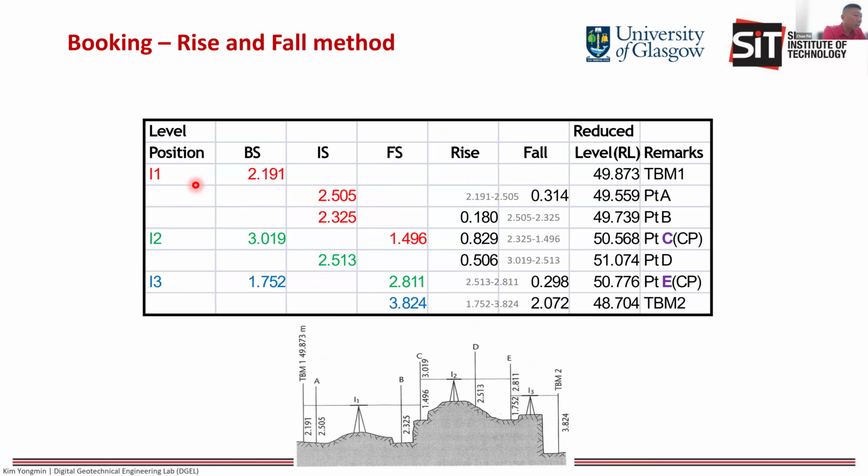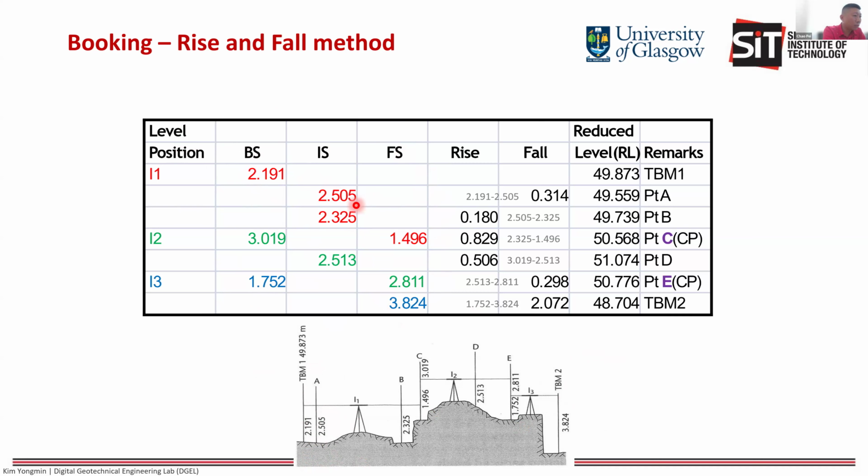At the I1 position, the foresight on TBM1 is 2.191. All these readings you can find from this sketch. Then you just record down on your booking these three columns, fill in, right?